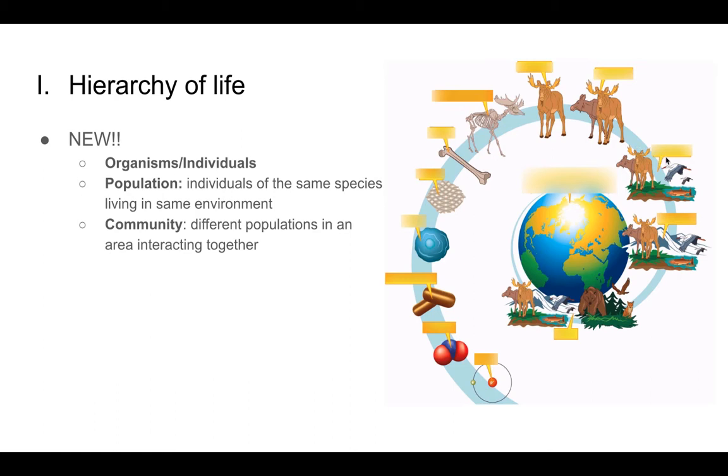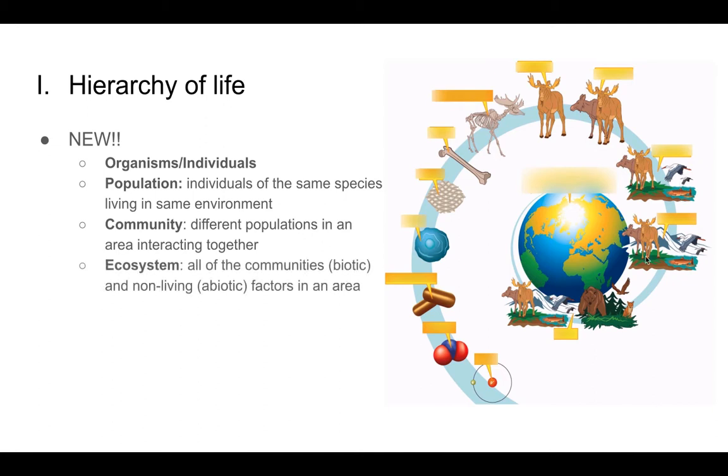This is the community. So community ecology is when we gather several different populations in an area, and we talk about the interactions between those different populations. Now, they're not going to interbreed, but they will interact. And we see a lot of things like predator-prey interactions at this level of life.